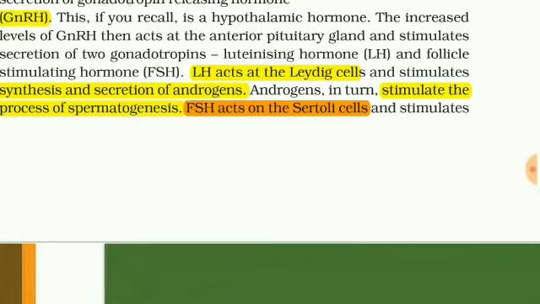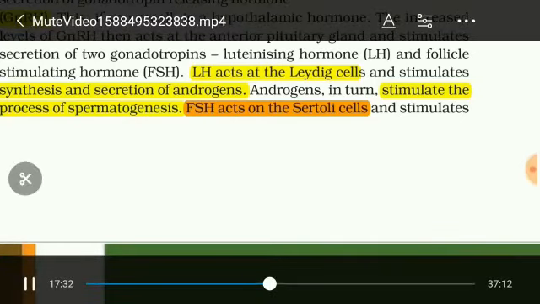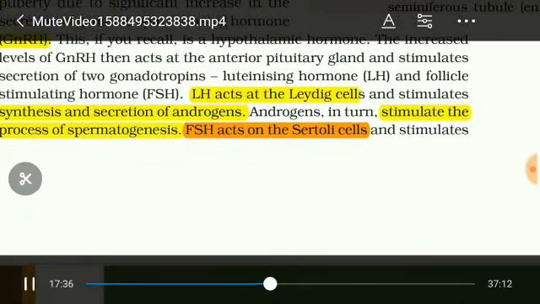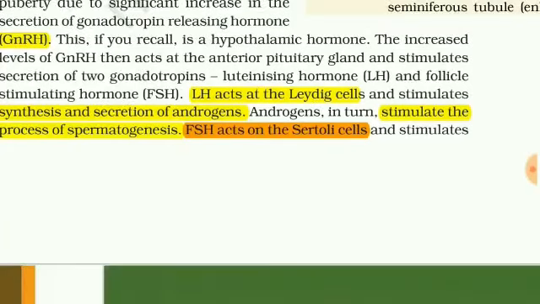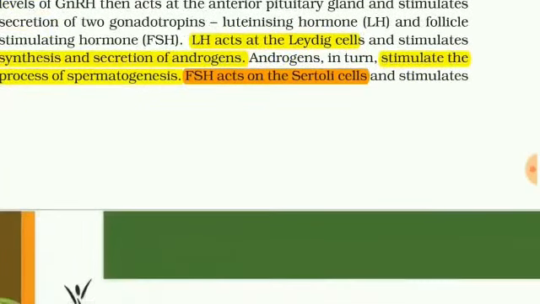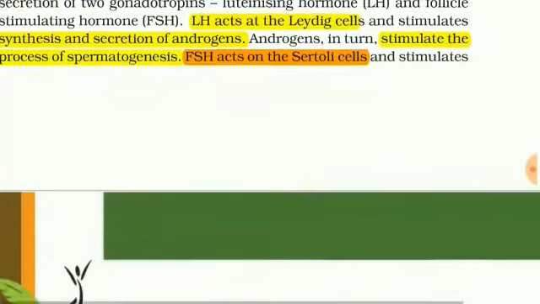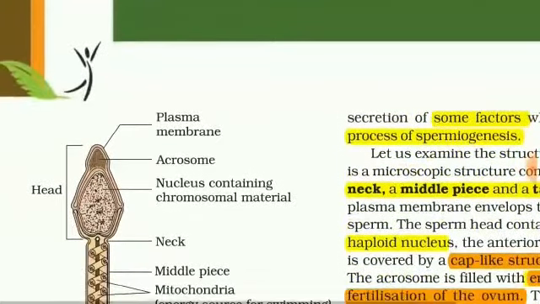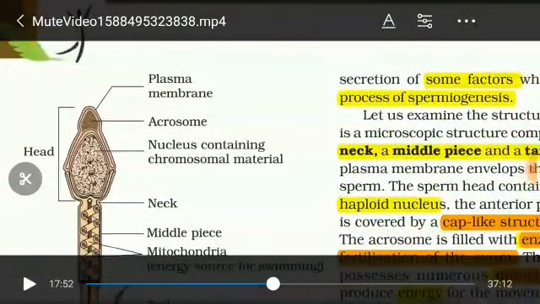And FSH is another hormone produced by the pituitary, which acts on the Sertoli cells. Sertoli cells are important for the production of some substances which provide nutrition to the developing spermatid.